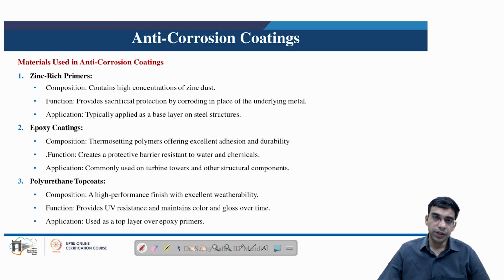Next is the polyurethane top coats. Polyurethane top coats provide a high performance finish with excellent weatherability. Their function is primarily to provide ultraviolet resistance that maintains color and gloss over time. The application is the top layer over various epoxy primers and polyurethane based primers.